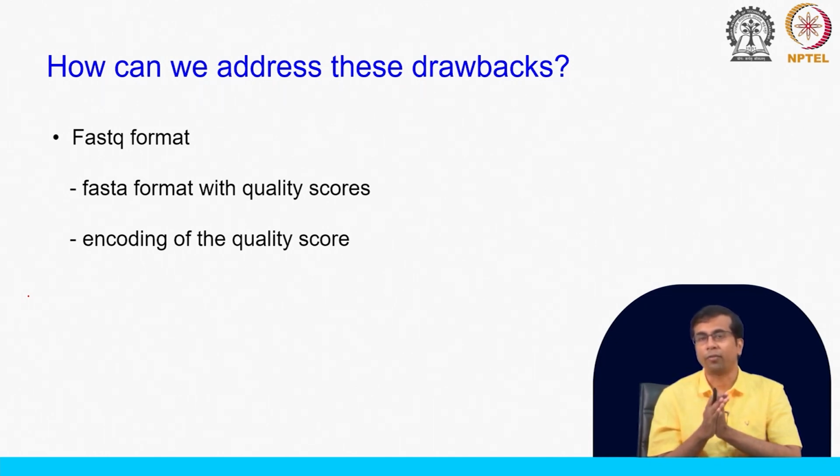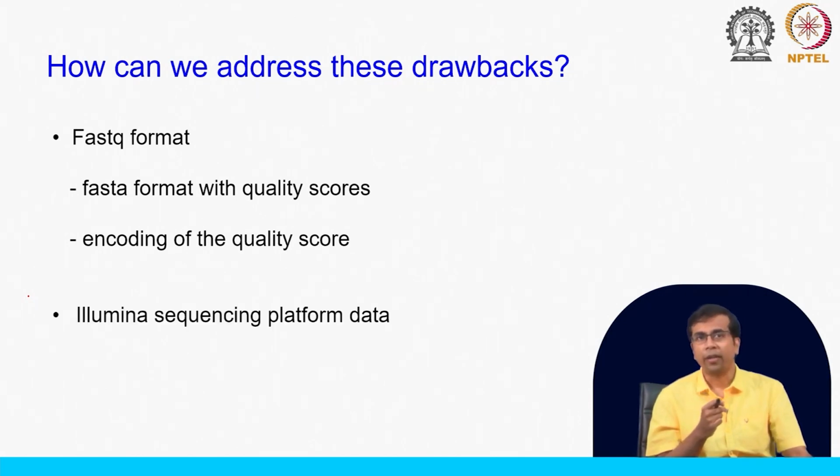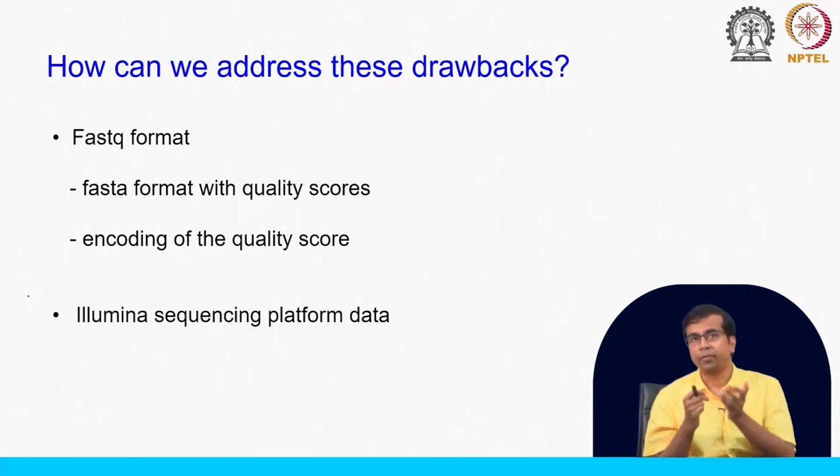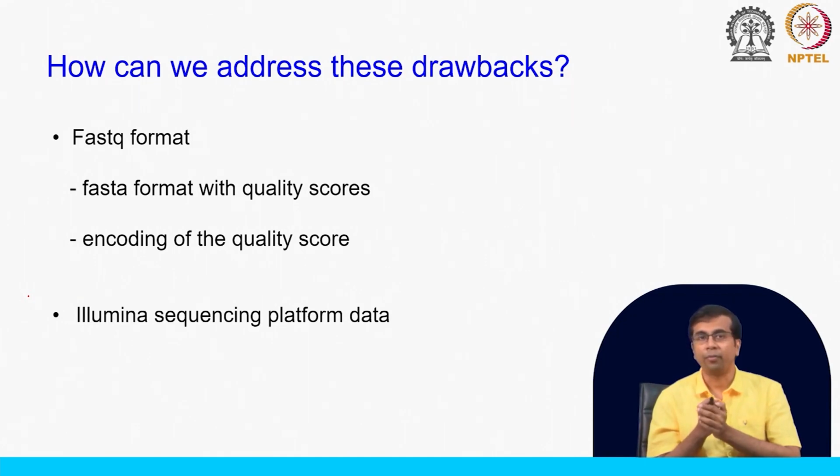These quality scores are not represented by numbers anymore, those inefficient two-digit numbers with spaces. You have a more efficient way of doing this through some sort of encoding. Just to give you an example, this FASTQ format is used by the Illumina platform. So, all Illumina data comes in FASTQ format.